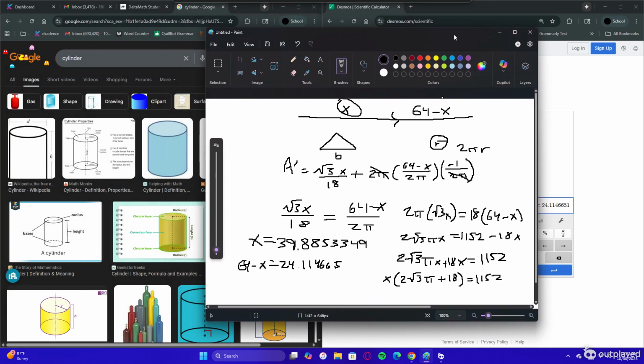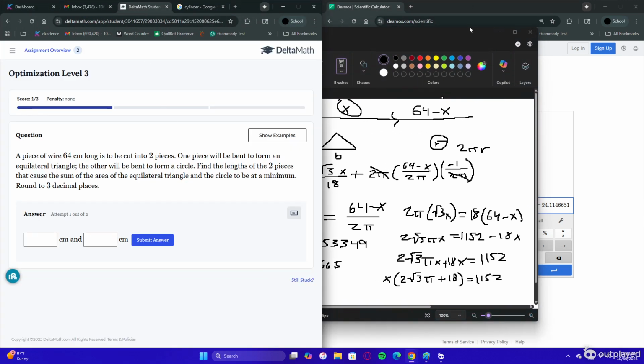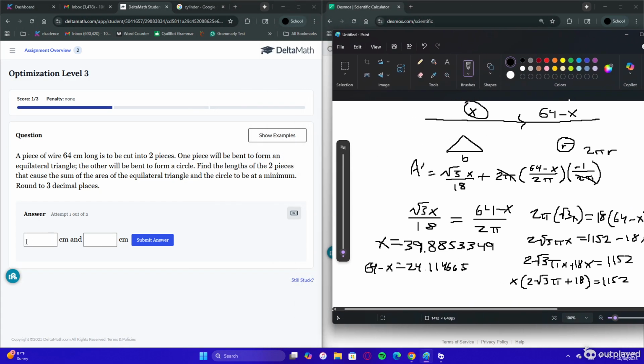So now we have both our values, and rounding to 3 decimals would be 39.885 and 24.115.